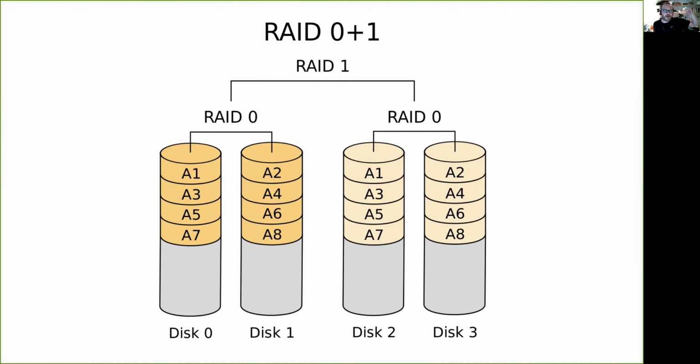If another disk fails while you're rebuilding a disk that's been lost in RAID 5, you're gone. And the same thing with RAID 6. As disks get bigger and bigger, you want more and more redundancy. One example is in Solaris, or more broadly now, under OpenZFS.